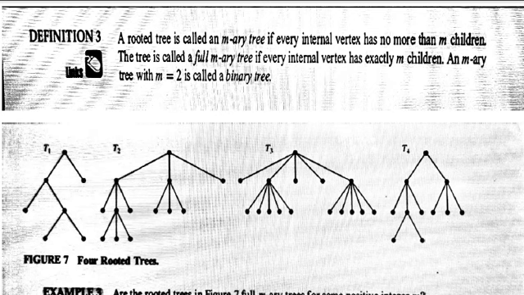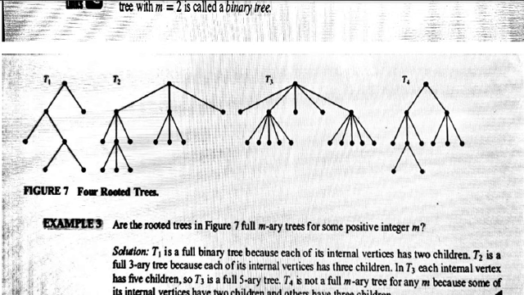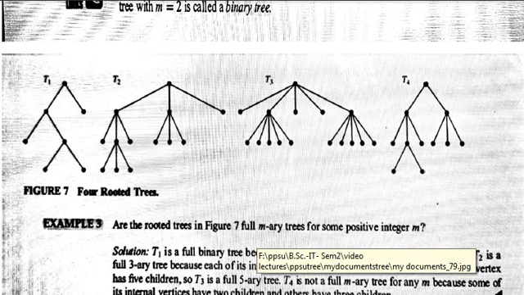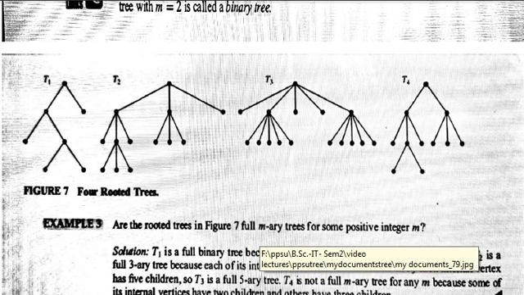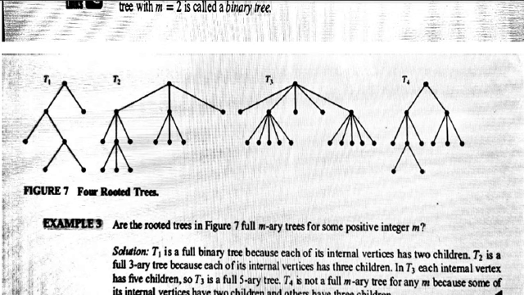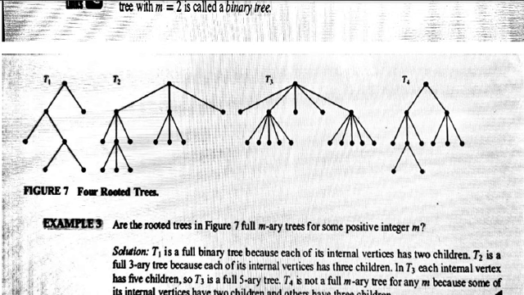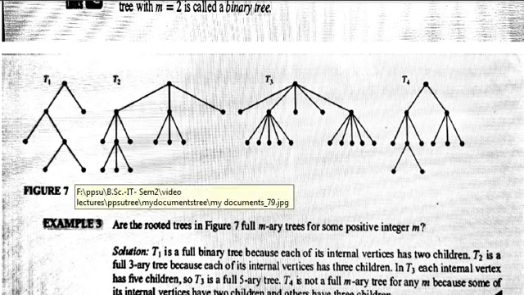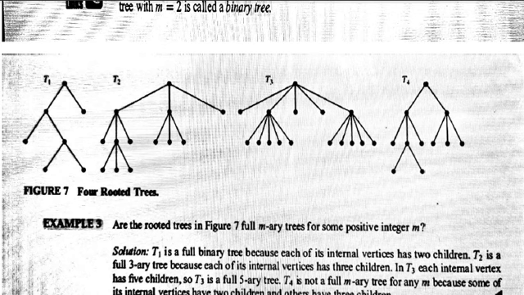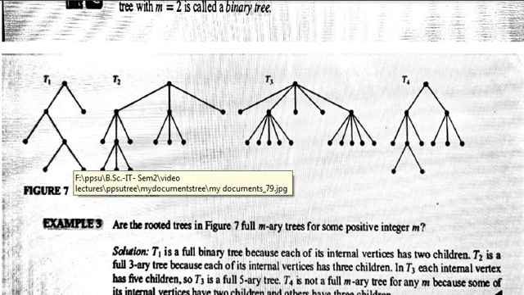Let us check an example: whether the given T1 to T4 are full M-ary or not. For T1, the first vertex is the root. You can see it has 2 branches. For the second stage, 2 branches. Third one, 2 branches. Each and every stage has exactly 2 branches, so it is a full binary tree.